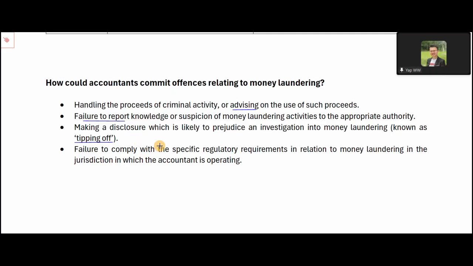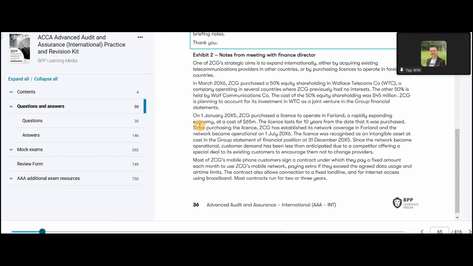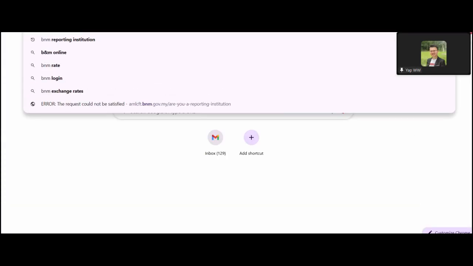And lastly, failure to comply with specific regulatory requirements. So in certain countries, there might be laws and regulations to govern money laundering. Like in Malaysia, for example, Malaysia recognizes accounting firms, law firms, casinos, and banks. All these are what we so-called reporting institutions. You can go to Google and check the website, find Bank Negara Malaysia, reporting institution.